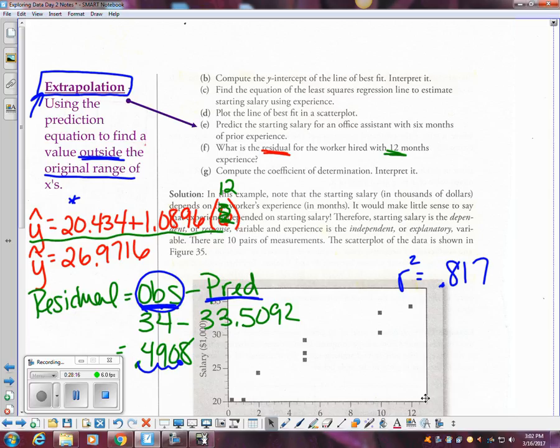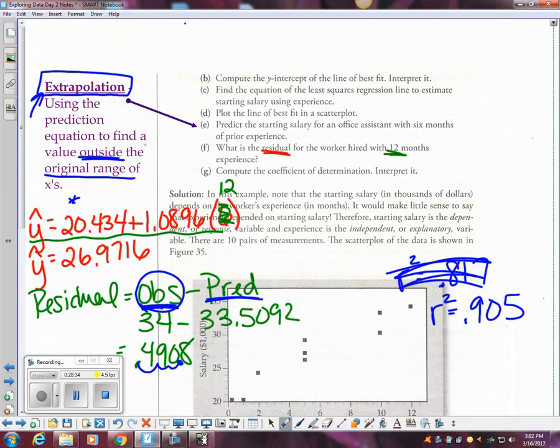Okay, our coefficient of determination is not 0.817. That was back from the height of the dads and the sons, sorry. Your coefficient of determination is 0.905. So the R squared that you have on your calculator should be 0.905.